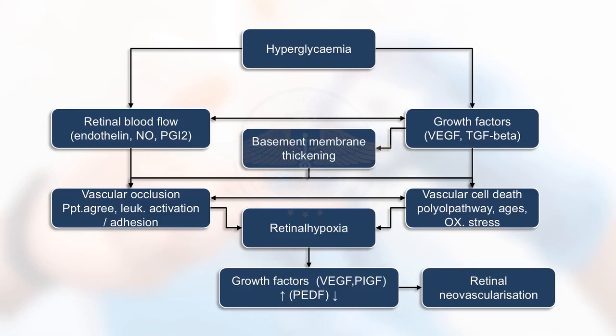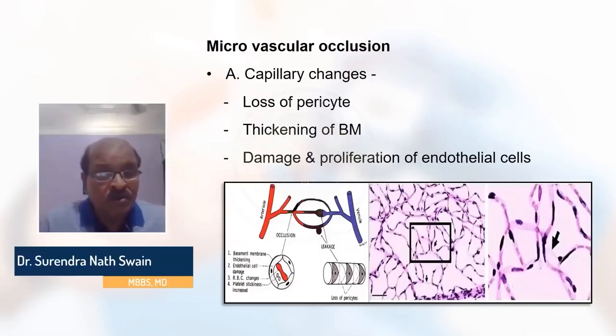And because the growth factors are increased, there is retinal neovascularization, there is increase of blood vessels in the retina. And in the microvascular occlusion, the capillary changes are loss of pericytes, thickening of basement membrane, damage and proliferation of endothelial cells.